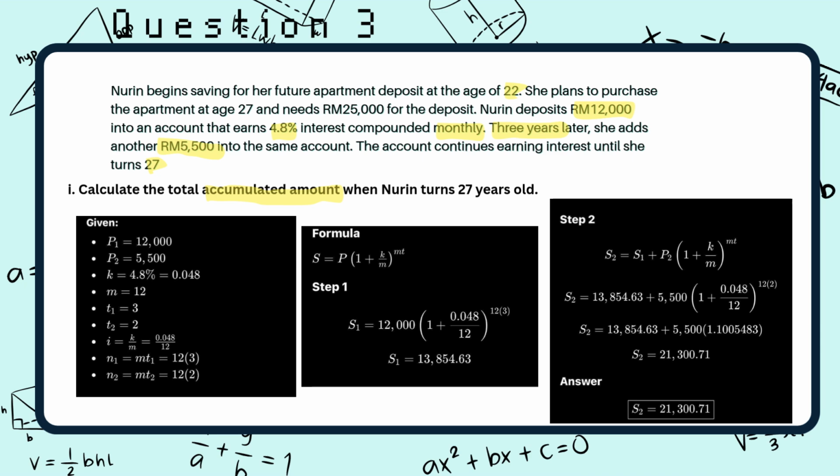i is equal to K divided by M, so it means 0.048 divided by 12, and n1 is M multiplied by T1, so it means 12 multiplied by 3, and n2 is M multiplied by T2, meaning 12 multiplied by 2.